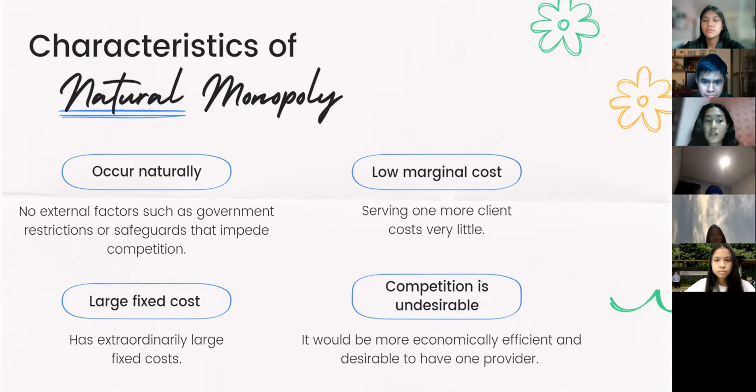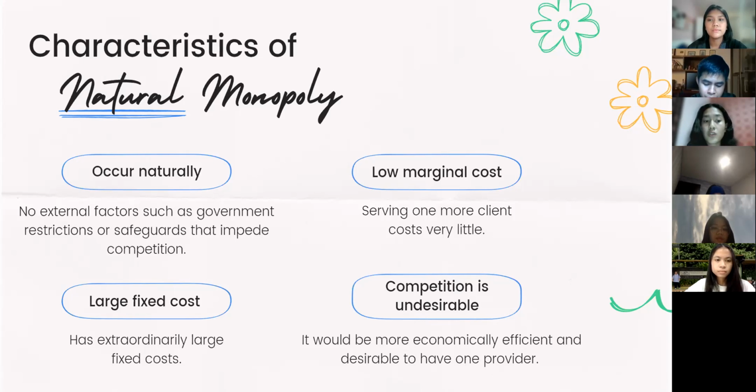That implies the two companies must now recuperate twice their investment in order to be commercially viable. Furthermore, natural monopolies have large fixed costs with little or no marginal costs. That implies serving one more client costs very little, suggesting that economies of scale are critical for such businesses.